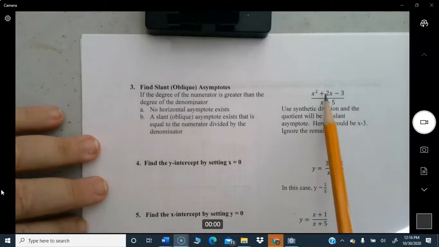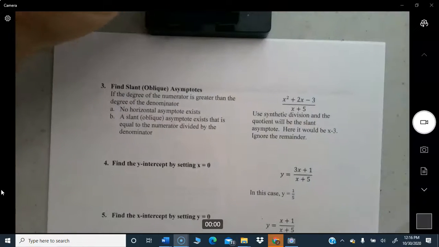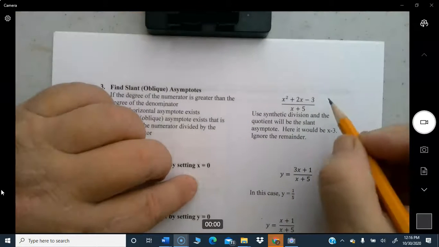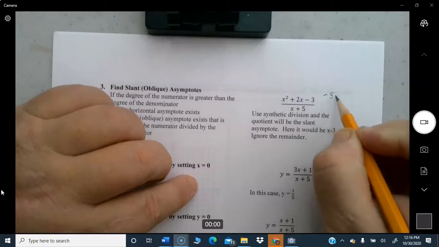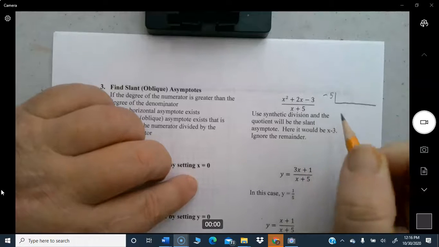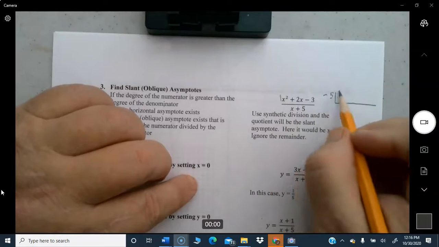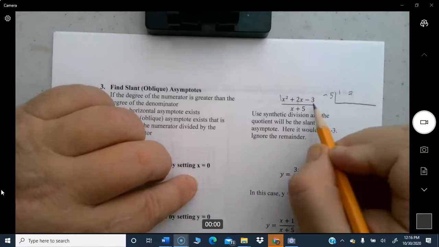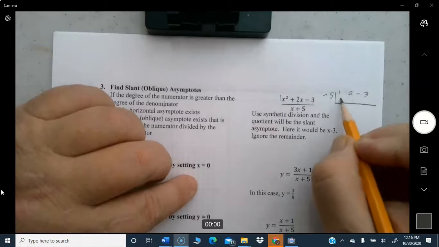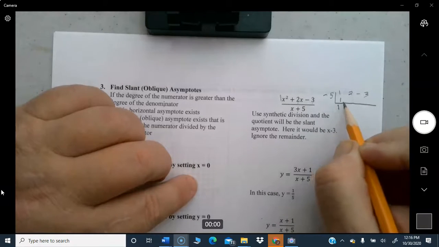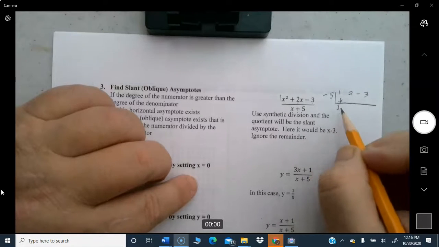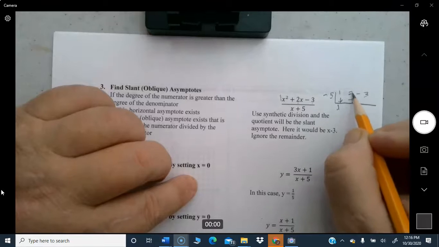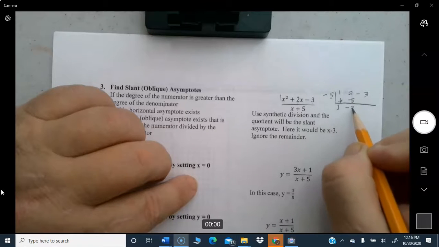So if I divided by x plus 5, let's just go ahead and do it real quick. So x minus 5, so it's going to be minus 5. And I'm just going to quickly do the synthetic division. This coefficient is 1, this one is 2, this one's negative 3. We bring down the 1 to there. Negative 5 times 1 is negative 5. 2 minus 5 is negative 3.